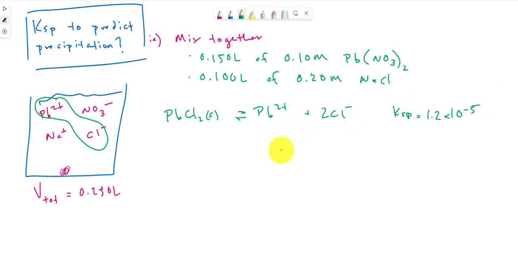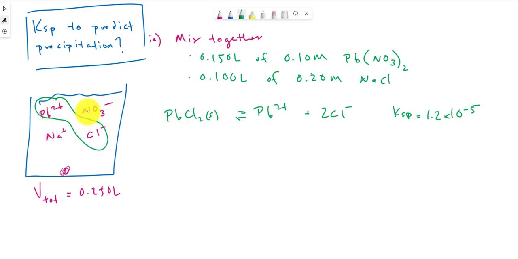Well, to consider that, we just need the KSP for that solubility expression. So lead chloride is comprised of the two ions here. KSP I can just look up online or in the back of the book, and we get something that's got a pretty small KSP. It's not the smallest I've ever seen, but it's not that big. And so this is our sort of hypothesis, right?